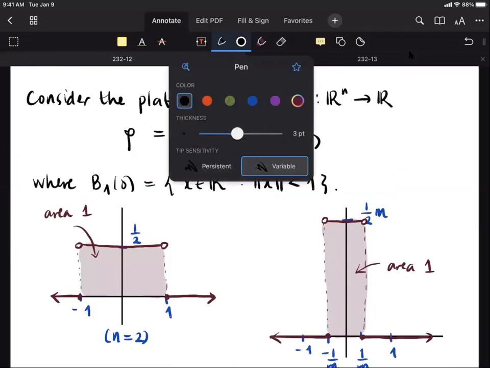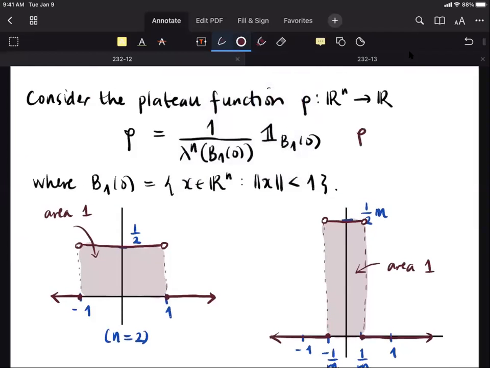Moreover, we can see here that rho is continuous except on the boundary of the unit ball.